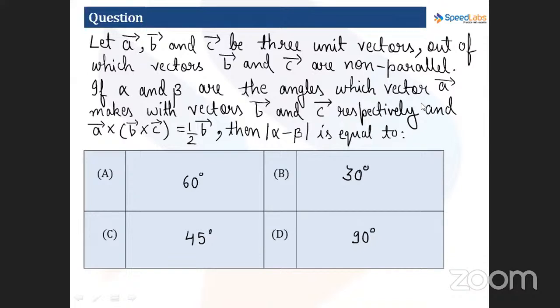Yes, Kritika, it is correct. So should we discuss the solution now?